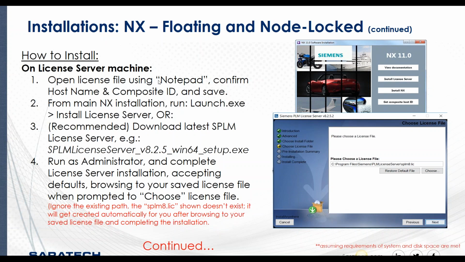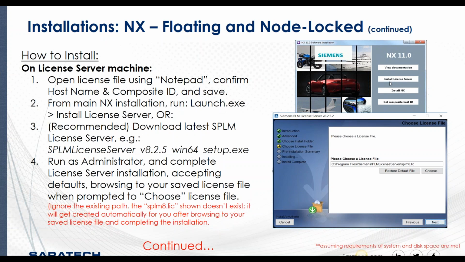We like to use Notepad, and then confirm that the hostname and the composite ID that you gave us is correct, and you hit save locally. And then from the NX installation, you're going to launch the launch application, and then install the license server. That's the first button right here.